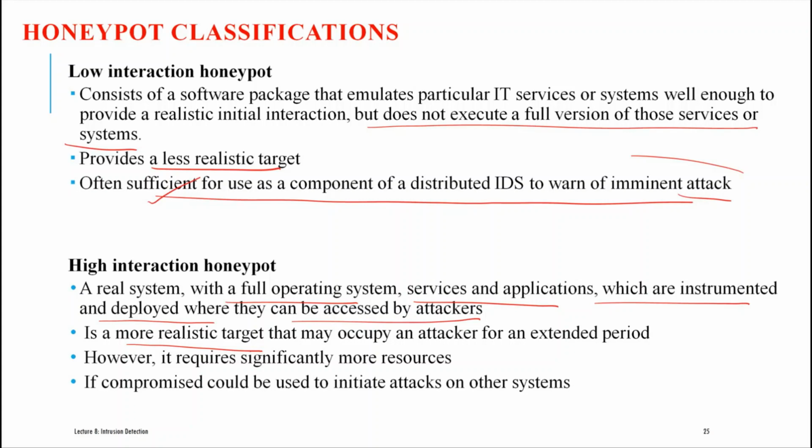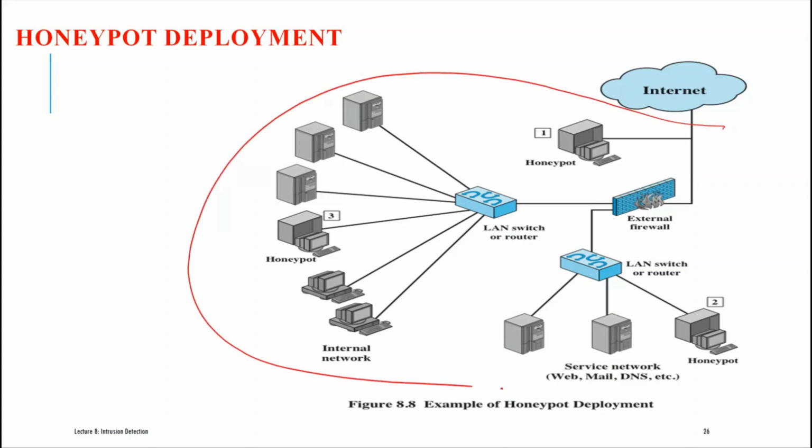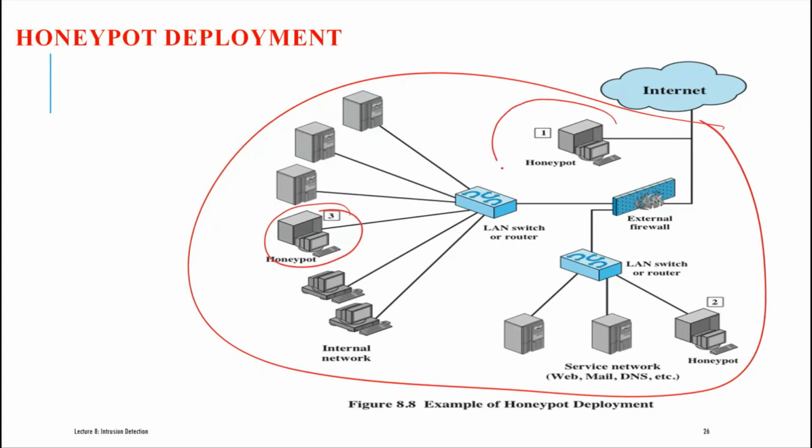Then moving on to the next one, honeypot deployment. Where can you have the honeypot machines in your network? Say this is a local area network, one complete local area network. You can place the honeypot machine in different locations. This is location number 1, this is location number 2, and this is location number 3. Location 1 is before the external network, that means before your firewall.